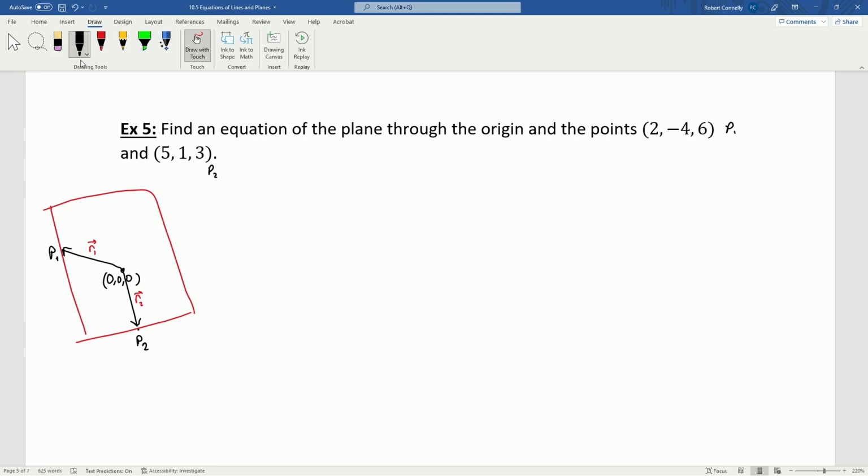So first we have to write out what these vectors look like. Well, that's pretty simple. Since each vector is going from the origin out to the point, those are just the direction vectors. So (2, -4, 6) and (5, 1, 3).